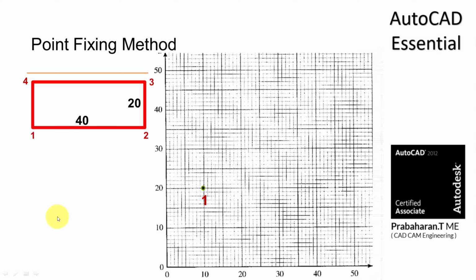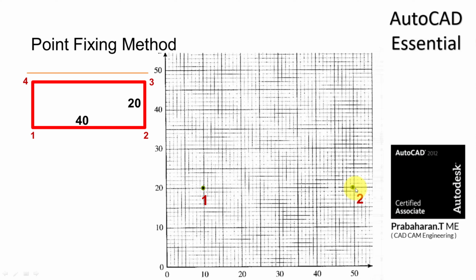From point 1 to point 2, what is the distance? 40 mm. If I move 40 mm from point 1, what x and y will I get? From 10, 20, 30, 40, so this is my x 50, y 20. Fix the second point.